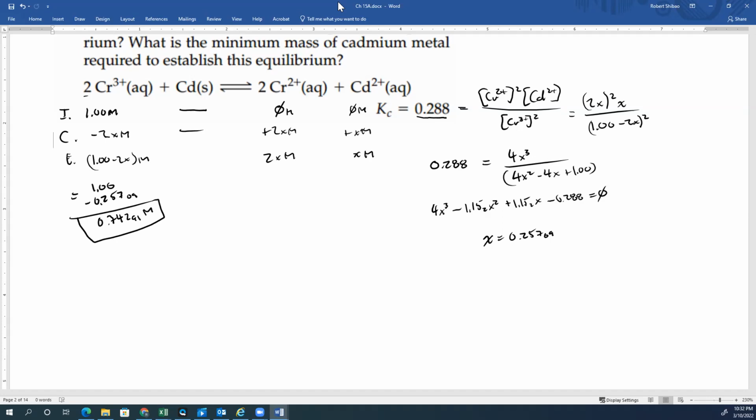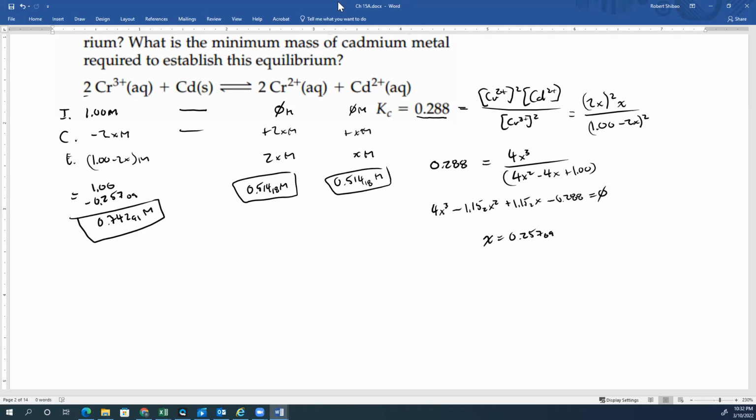Okay, the chromium 2 plus is double this. So what is 2 times 0.25709? 0.51418. So this is 0.51418 molar. I'll carry 2 extra here. And then this is the same, 0.51418 molar.